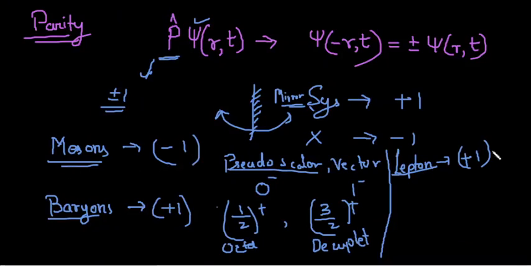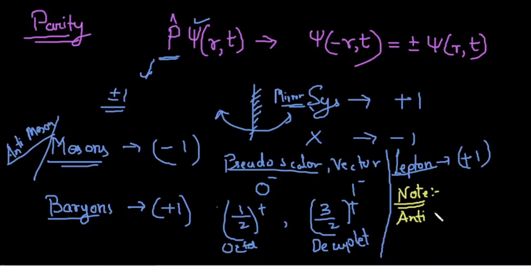Furthermore, if you take the antiparticles, that is the anti-meson, the anti-meson and meson both will have the same parity. You need to note this very important point: anti-boson and boson will have the same parity.